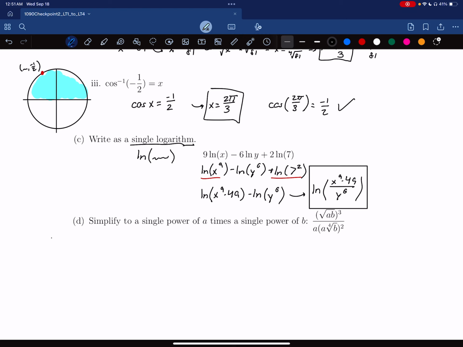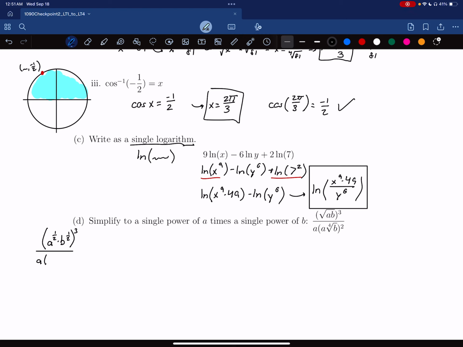So first of all, I'm going to rewrite the numerator as a to the 1/2 times b to the 1/2, and that's all raised to the 3rd power. In the denominator, I'm just going to leave it for now, and we'll worry about the numerator first.